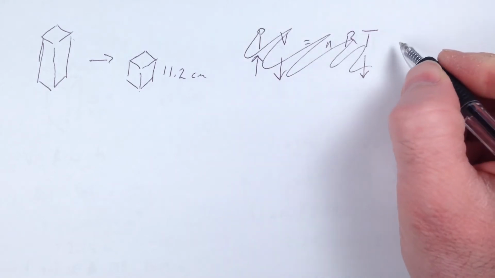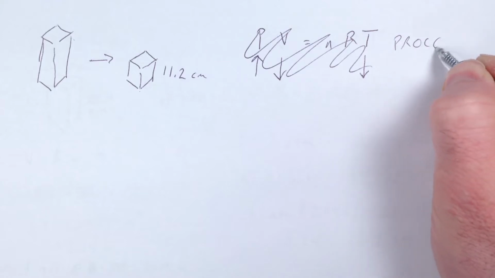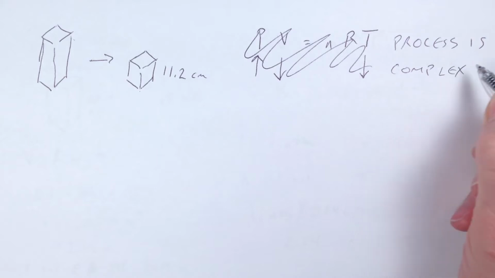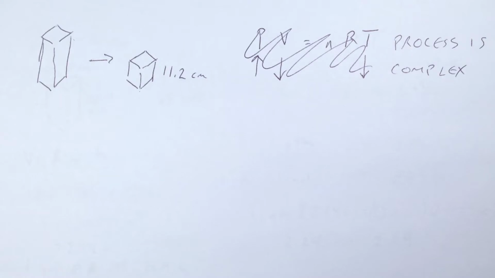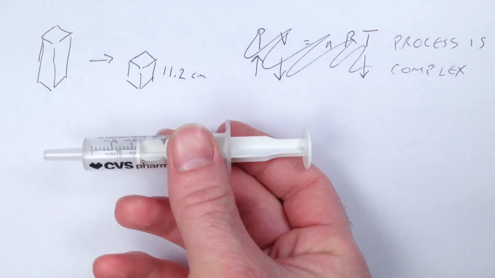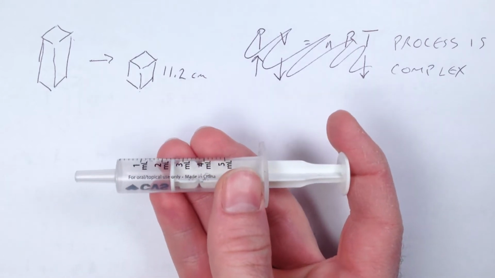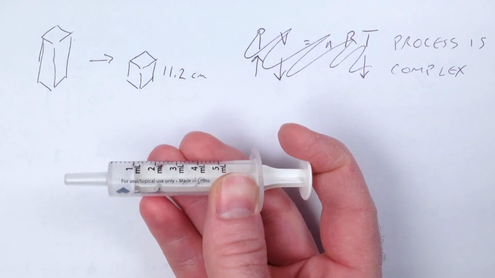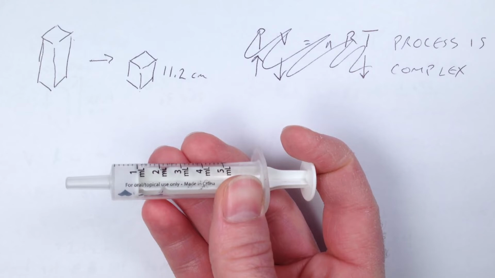We're just going to say that the process is complex. If you want to deal with the process, you're going to have to do this with calculus in a sophomore level college thermodynamics class. We're just going to deal with the end result. And because we have a cylinder and a piston, if you change the volume, lots of stuff will happen immediately, but after a while, some things will return to normal.